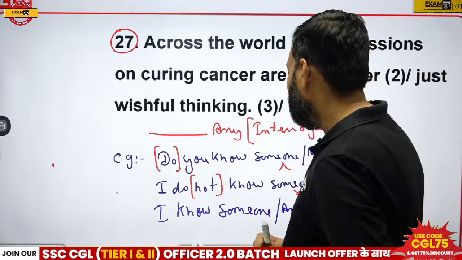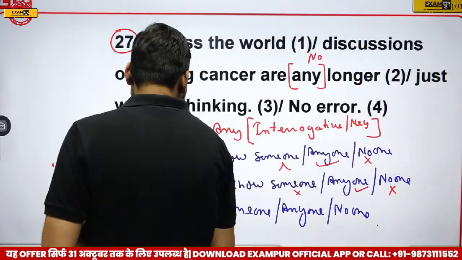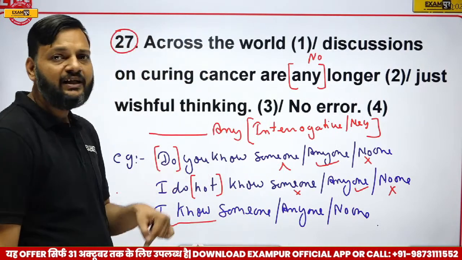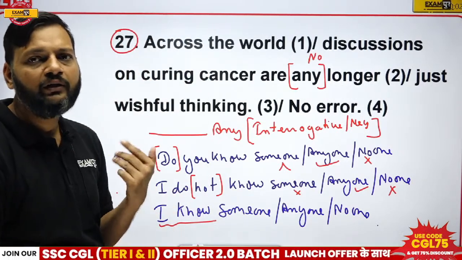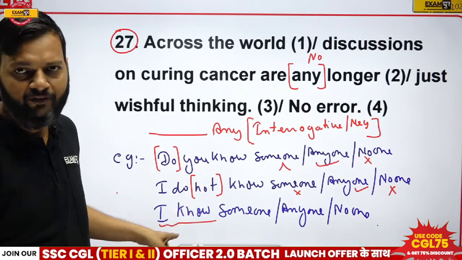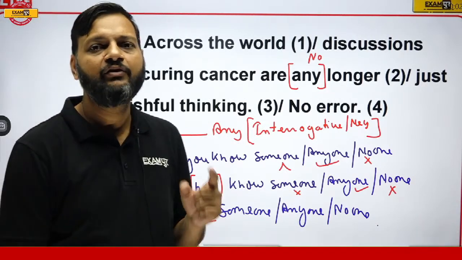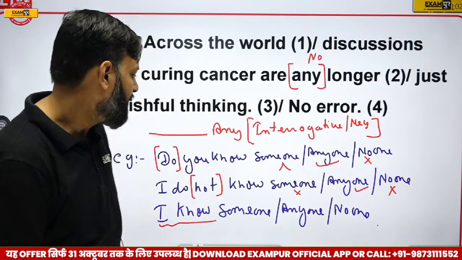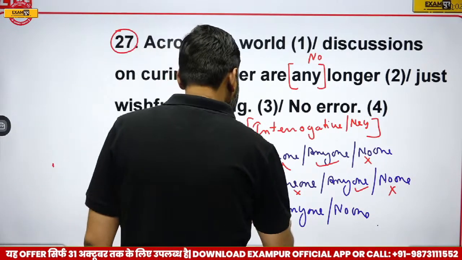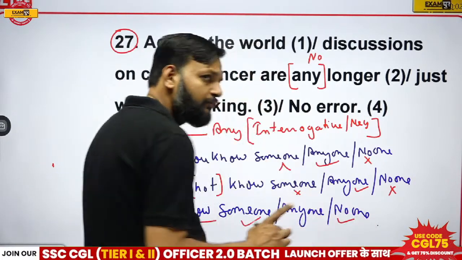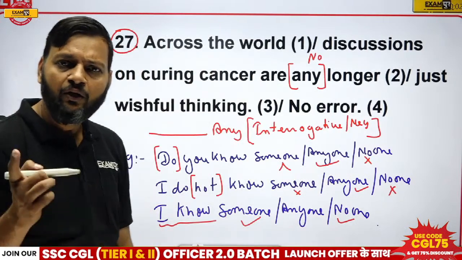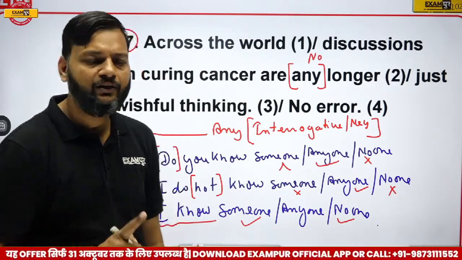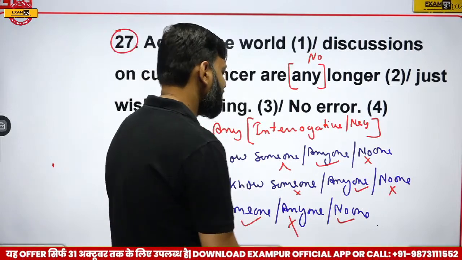But in the third sentence, this sentence is neither interrogative nor negative. So in this sentence, we can use someone or no one, but we cannot use anyone.